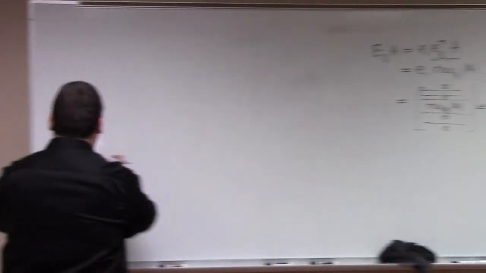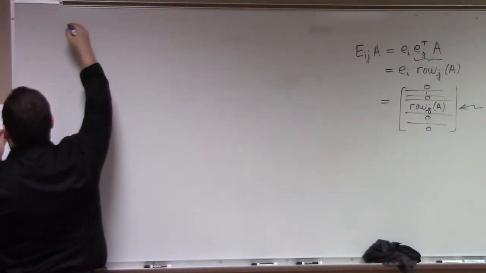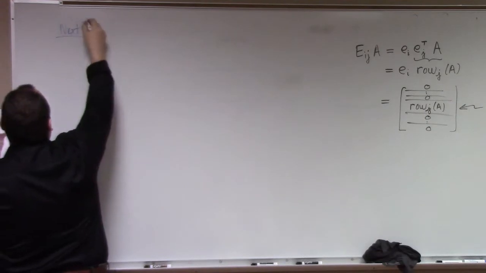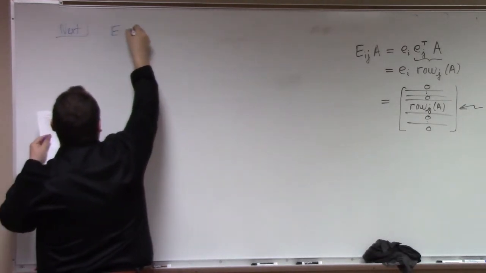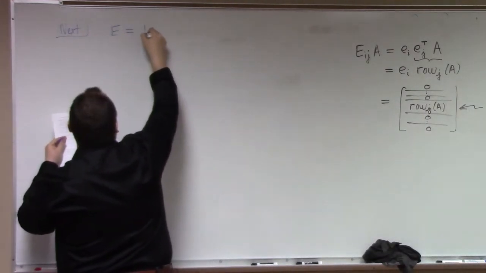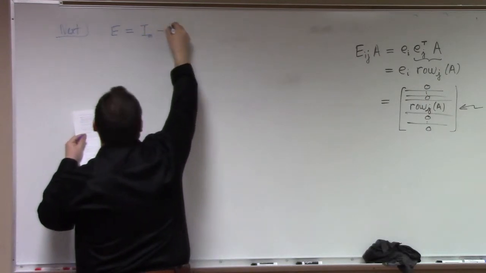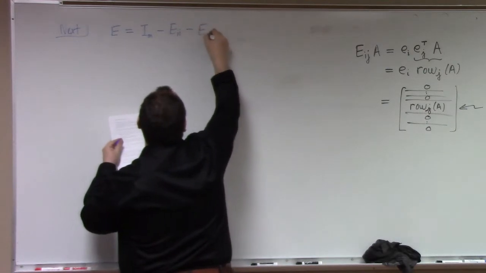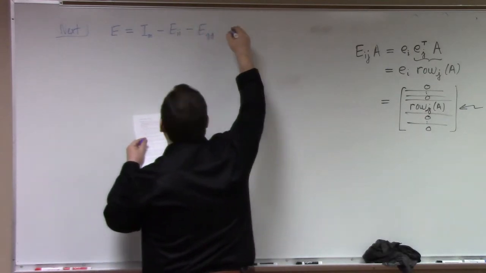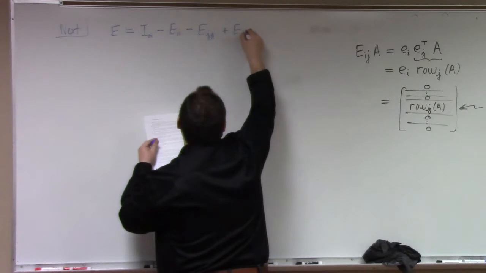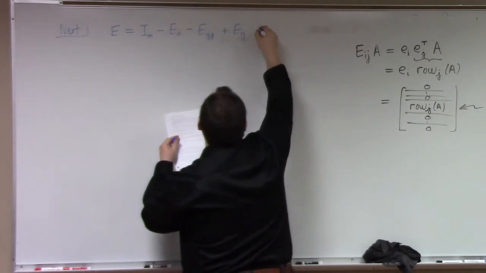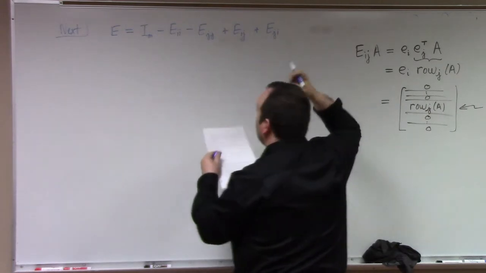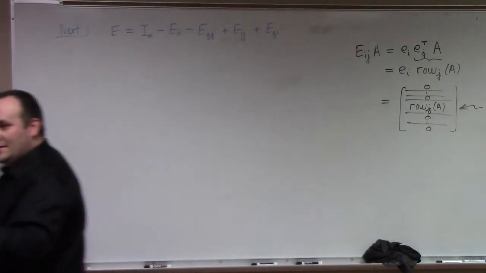We also have next, if you look at E equal to the identity matrix minus E_ii minus E_jj, plus E_ij plus E_ji, then we can study what is E times A of that.